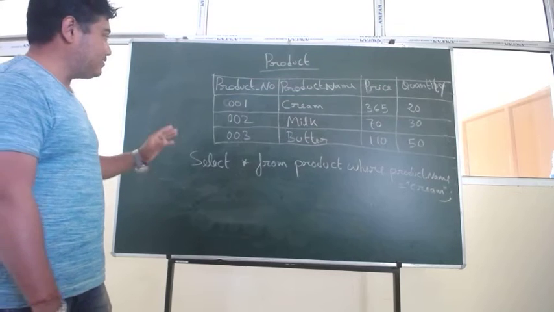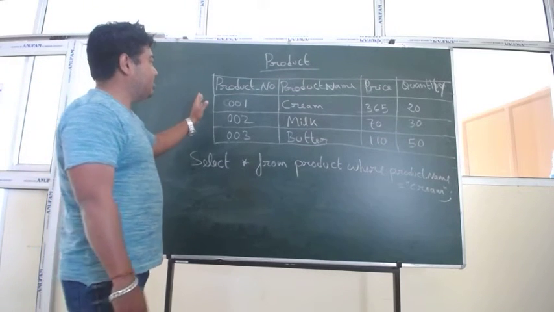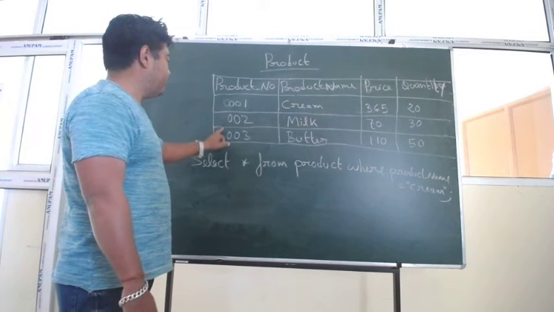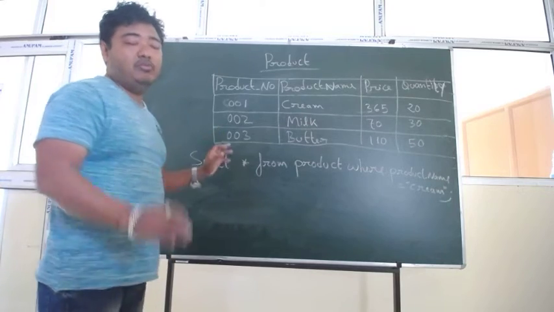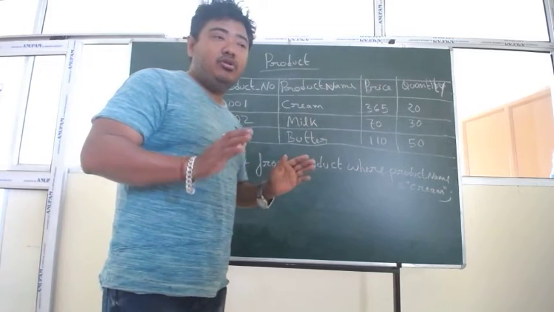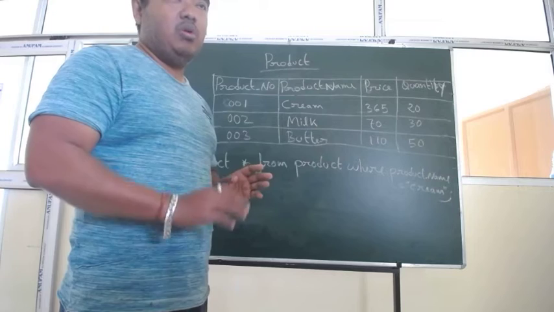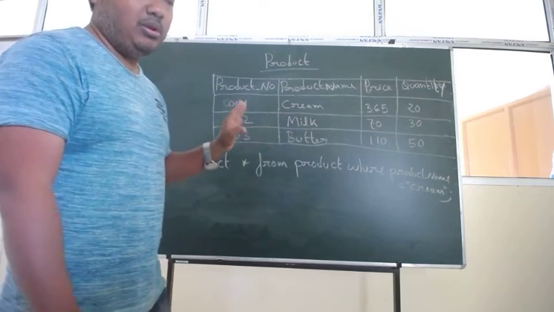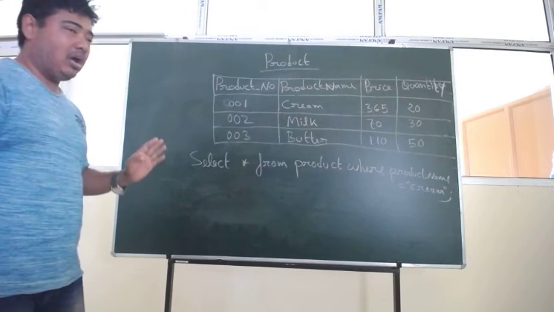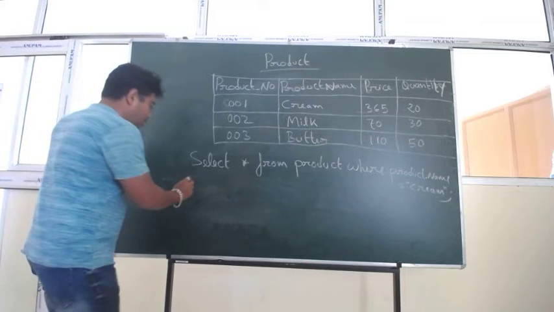So like this, suppose I want to see only the product details of product number 003. That means where 003 is there, that detail I want. Remaining things I don't want. Only I want to see that product number. So how it will be?